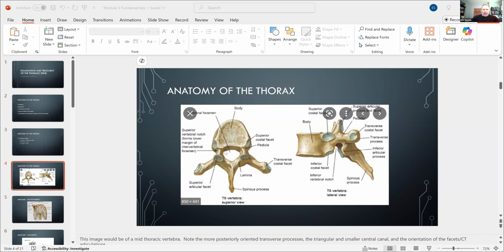Other thing is we get more of this triangular-shaped central canal. It's significantly smaller than what we have in the cervical spine or the lumbar spine. And basically that's because we don't have any limbs to be controlled by the nerve roots of the thoracic spine, right?